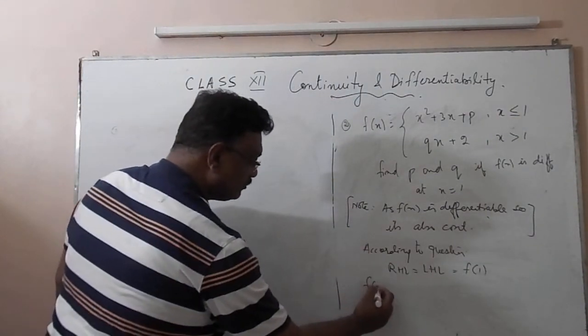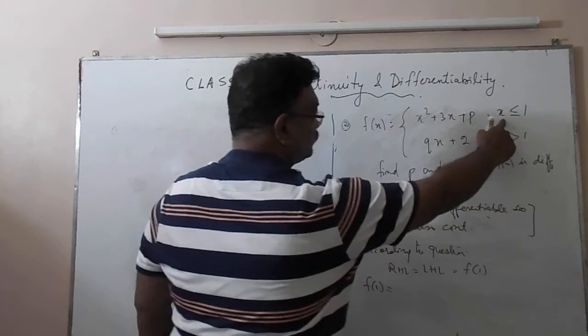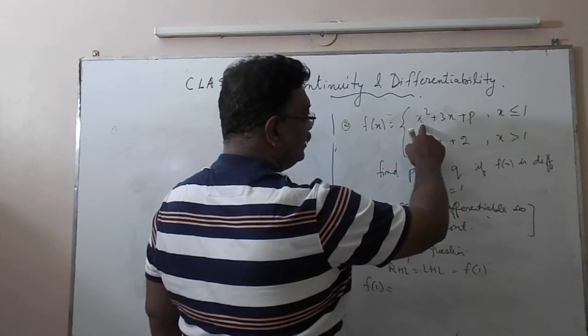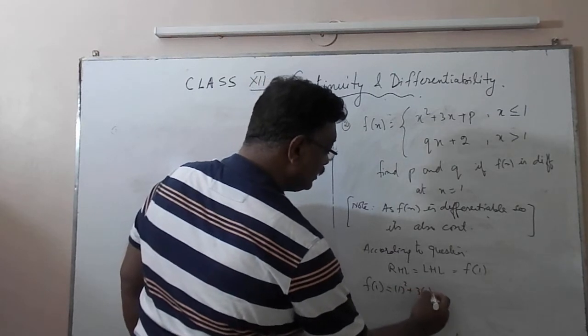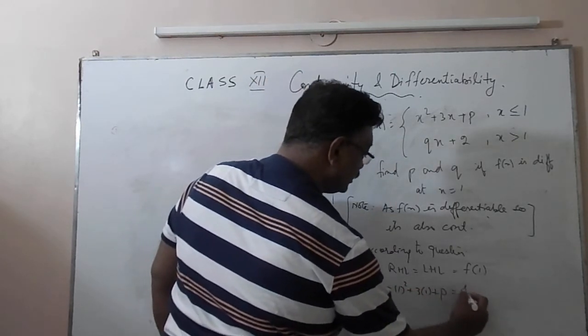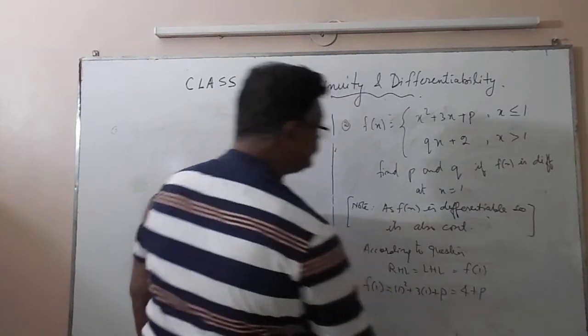So what is the value of the function at 1? If we substitute 1 over here, we get 1 square plus 3 into 1 plus p. So that gives us 4 plus p.